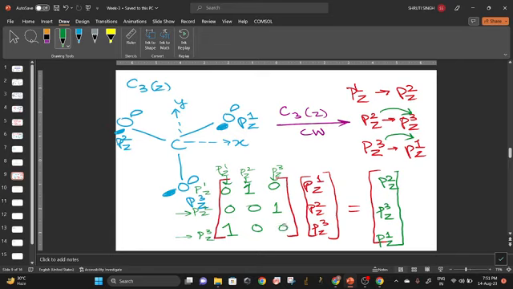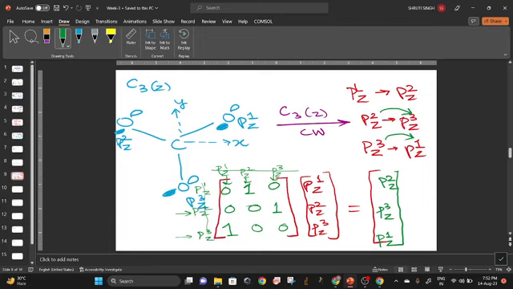Now ignore this one, and do the multiplication of these two matrices on the left hand side and you will get this right hand side matrix. Both of you okay? Yes, madam. Okay, fine.